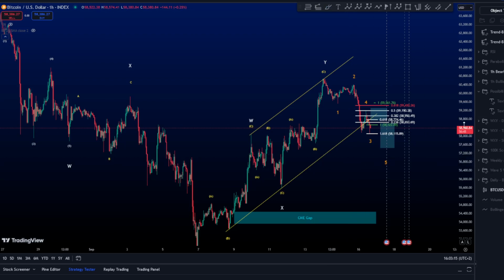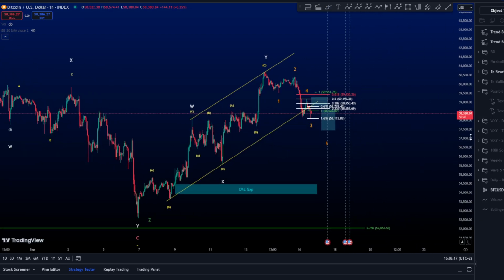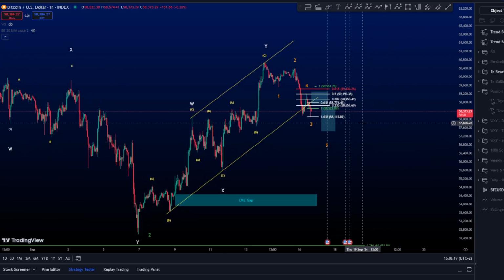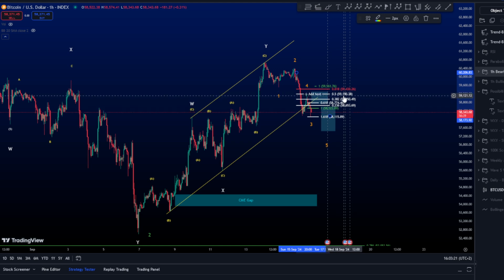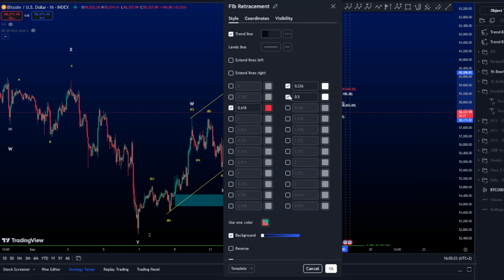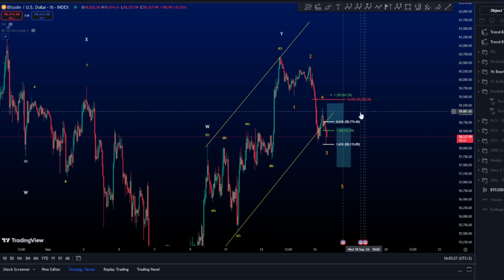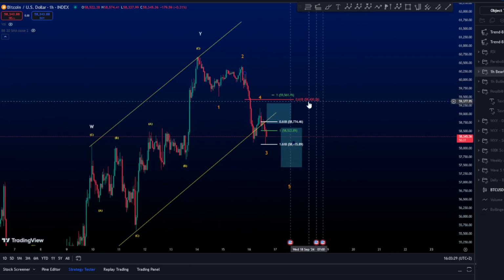Now on a bigger picture, what's gonna happen is that, if we reach the 0.618, I'm gonna make it less messy here. So if we reach the 59,430, this is an invalidation for your impulse.